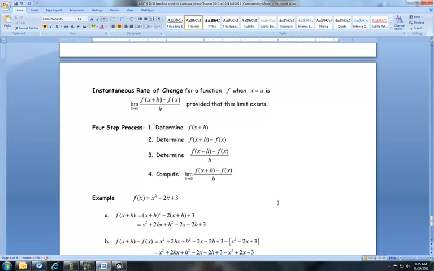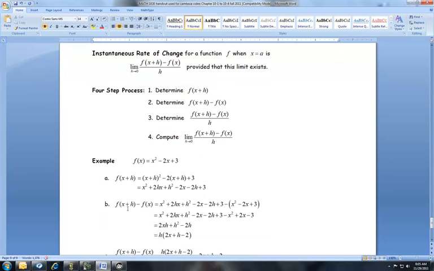So here's an example. I've got a quadratic. I substituted in wherever I see my x, parentheses and all, I place in my x plus h, FOIL, distribute, no like terms ever. Next part is to subtract my original. Please be careful here.